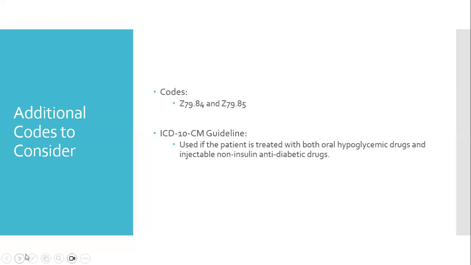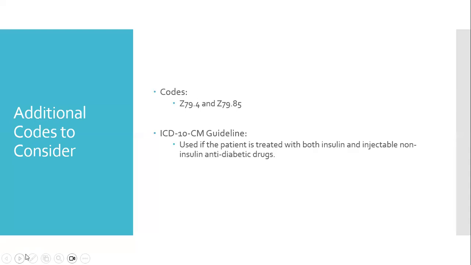When you're adding these Z79 codes, because all of these drug codes, so if a patient is on long-term insulin or a long-term oral hypoglycemic drug or any of the other drug categories like NSAIDs, anticoagulants, aspirin, all of these are Z79 category codes, and your additional subcategory and additional digits further clarify the kind of drug it is.